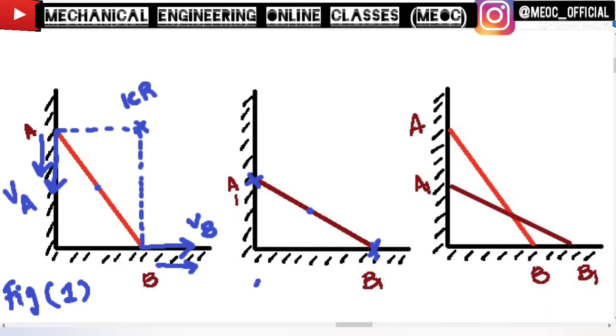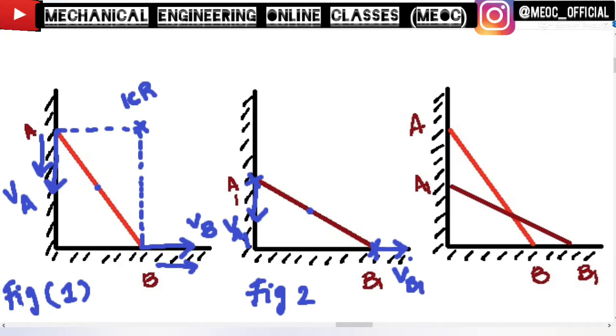Similarly, if we look at figure 2, now A1 is still tending to come downward, and B1 still has a tendency to move rightward. So at this instant, the velocity of A1 will be VA1 at this point, and here the velocity is VB1.